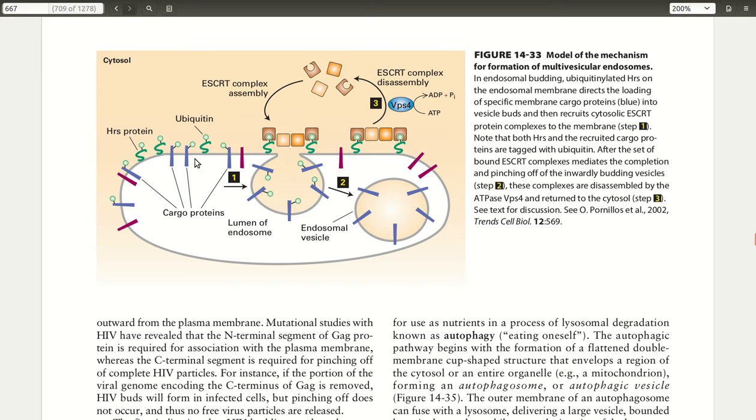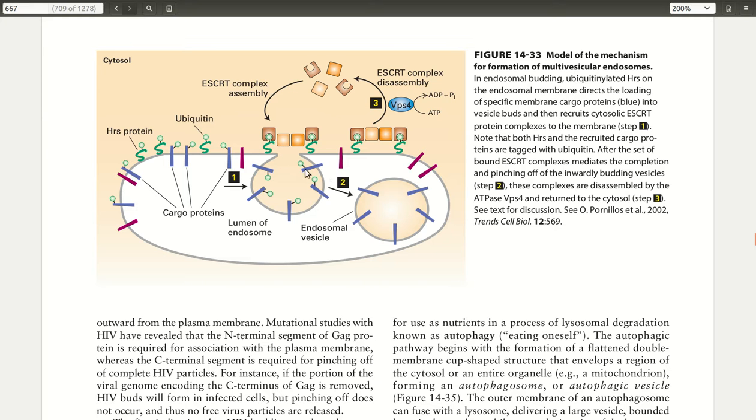And what you have here is the bud that forms on this endosome toward the interior, towards the lumen of the endosome, and these HRS proteins will organize this ESCRT complex assembly, which will help the vesicle form.